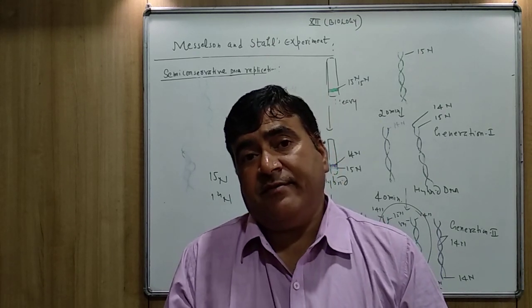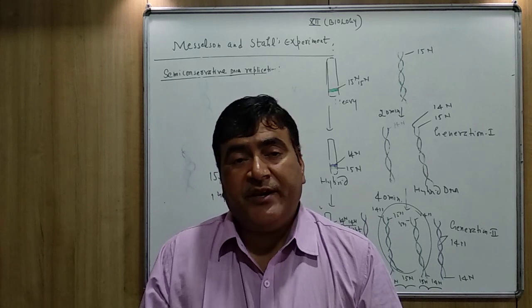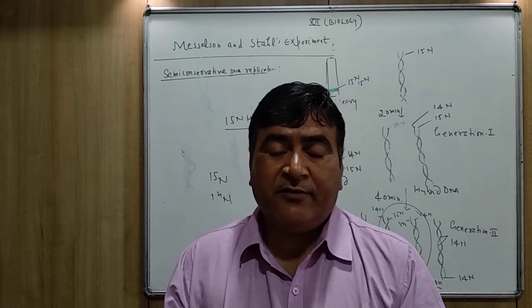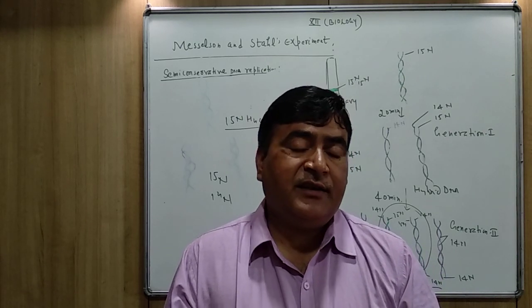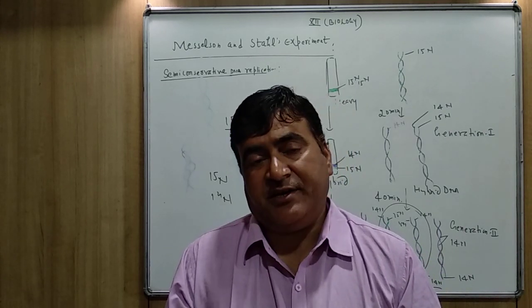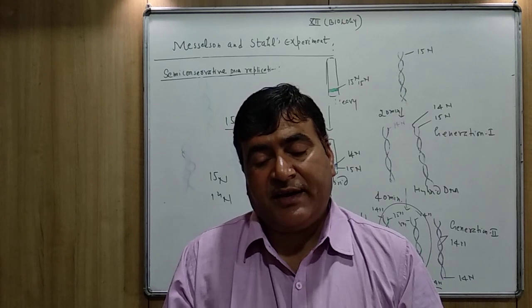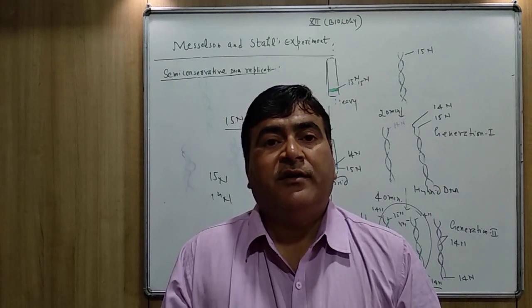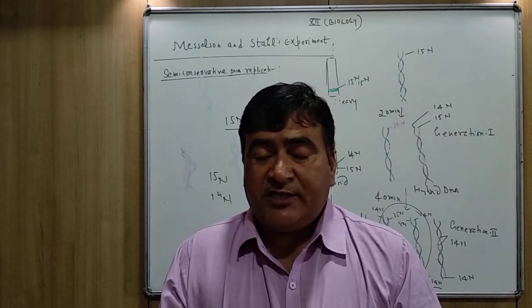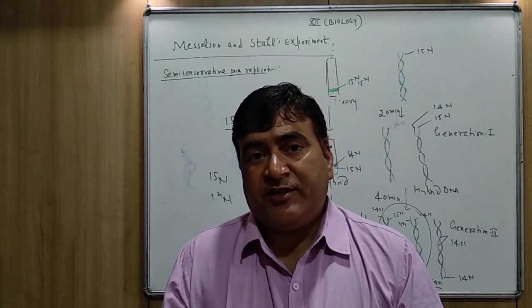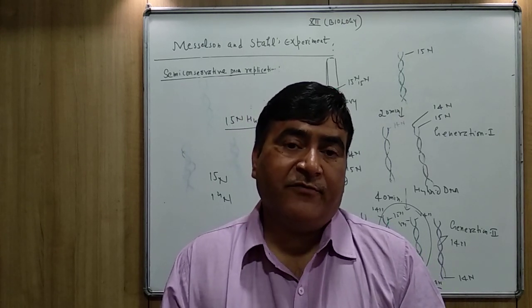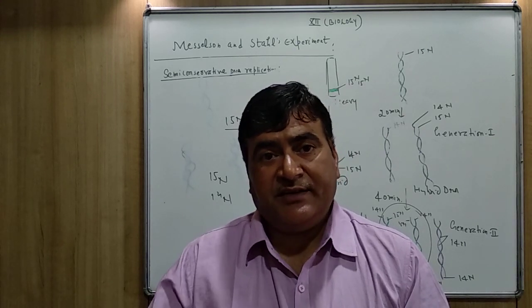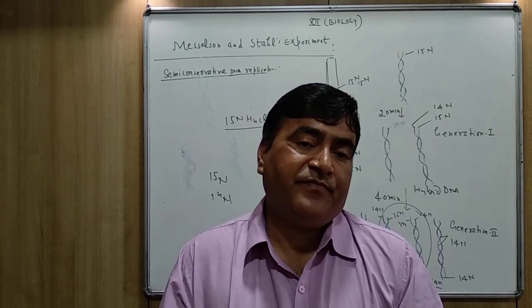In the first step, they used 15N in the culture media, and then they added E. coli bacteria, because E. coli can multiply very fast. Within 20 minutes, it can produce offspring, and the DNA is also replicated.